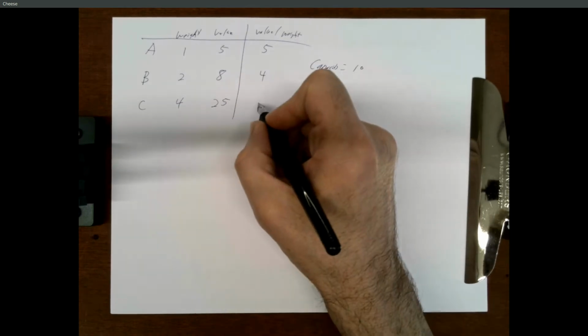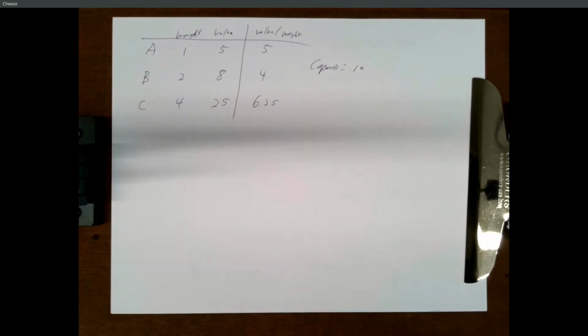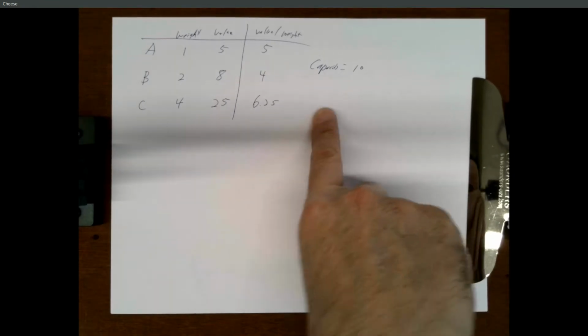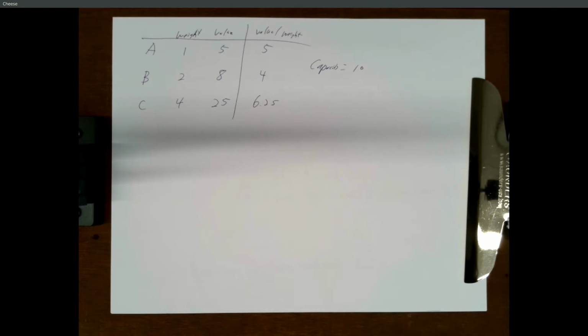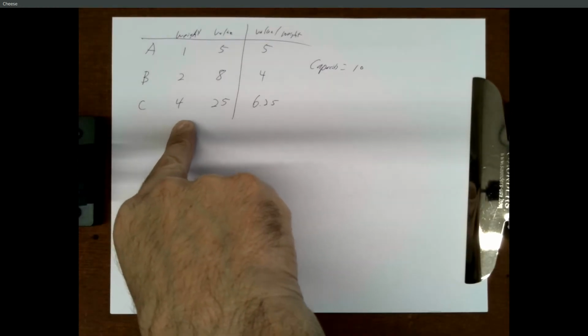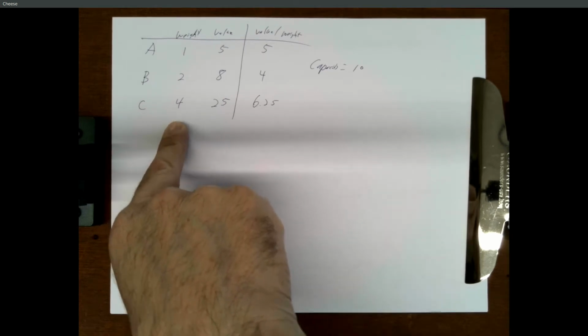Item C is $6.25 per pound. This is the most valuable item. So let's take 10 pounds of item C. We're done. Okay, that's a pretty easy algorithm because we're allowed to take however much of this item we want. In this case, 2.5 of item C, to get 10 pounds out.